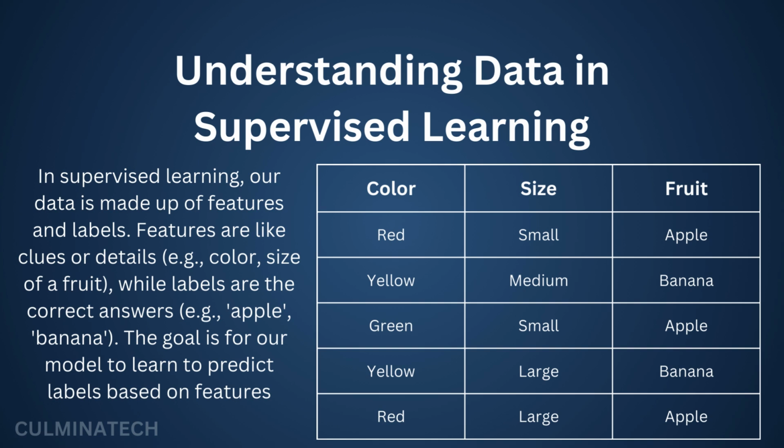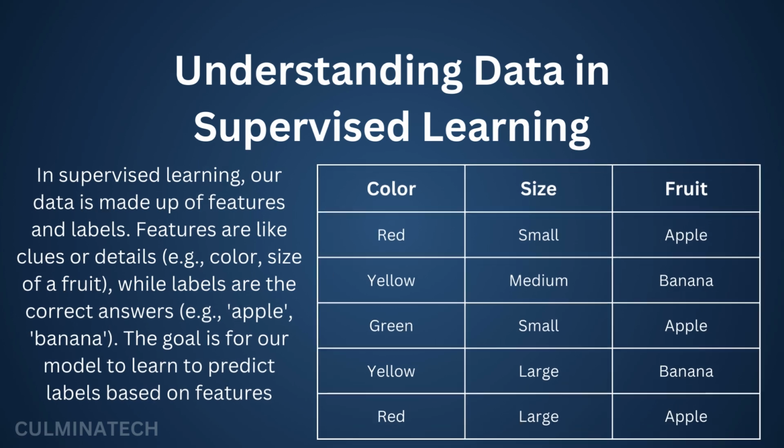Let's say it trained with this. If you then give it red and large, can it correctly say it's an apple? That's supervised learning. You give it different data explaining the features, color and size, and the corresponding label, fruits. And when it sees a new color and size, can it give the correct fruit label, either apple or banana?